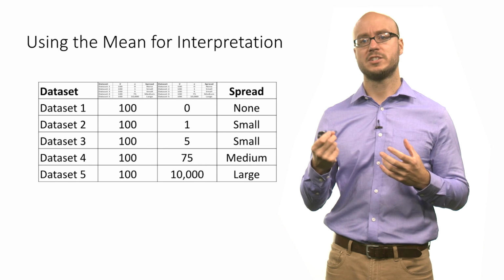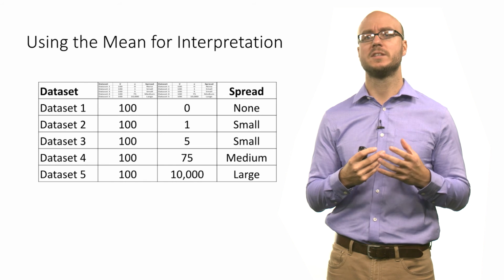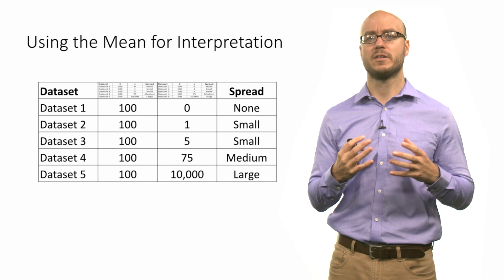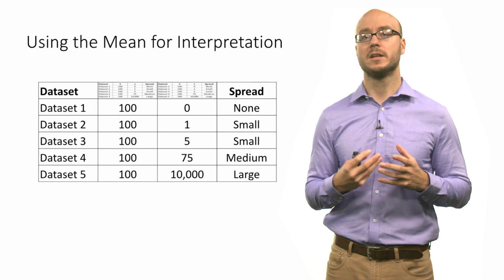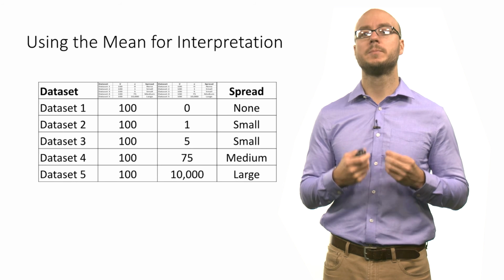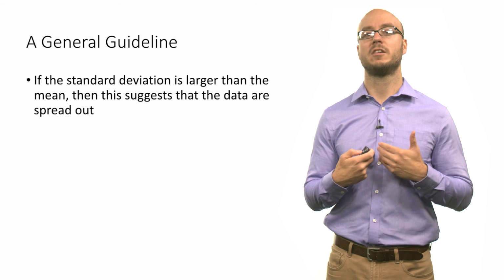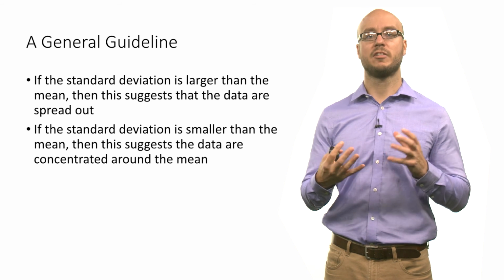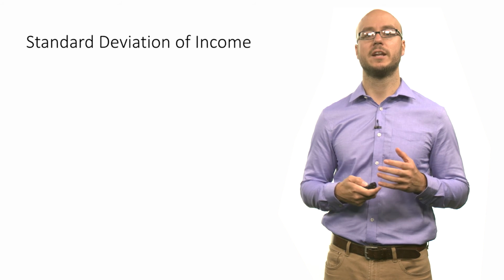If the sample standard deviation is pretty small relative to the sample mean, then there's none or a very small amount of variation, meaning a lot of the observations are concentrated around the sample mean. So we can use the mean to help us interpret the standard deviation. In general, if the standard deviation is larger than the mean, this suggests the data are spread out. If the standard deviation is smaller than the mean, this suggests the data are really concentrated around the mean.